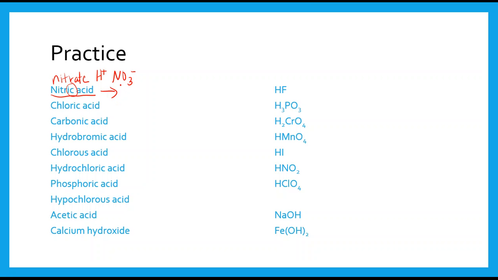So how many of each do we need to write the formula? How many H's, how many nitrates? 1 to 1, yes. So it's just going to be HNO3. This would be the formula for nitric acid.